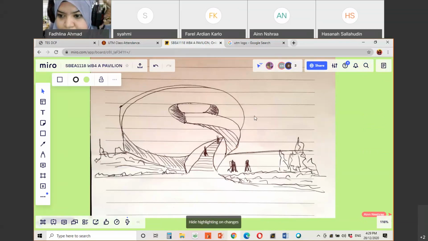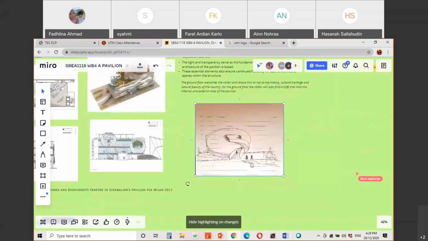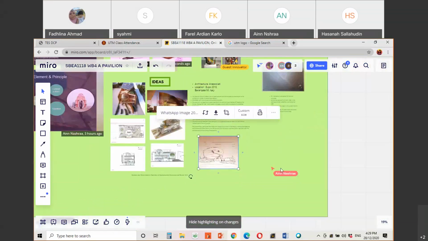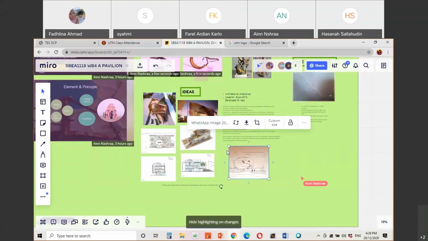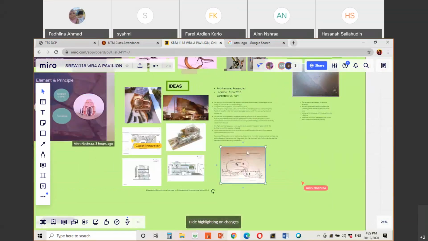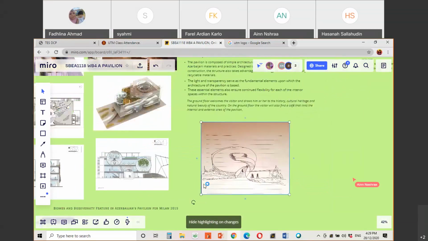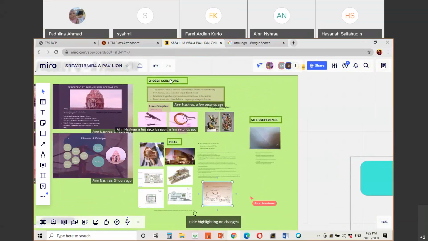I have an idea about the opening space in the top. I still lack ideas, it's just my rough idea. Okay, how do you want to relate this kind of form to the chosen sculptures?